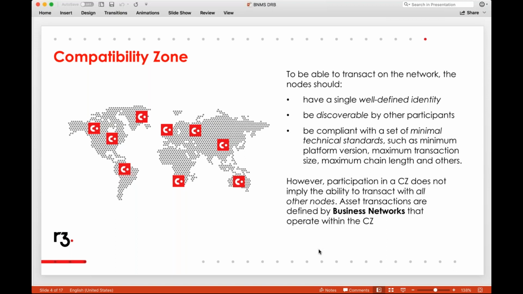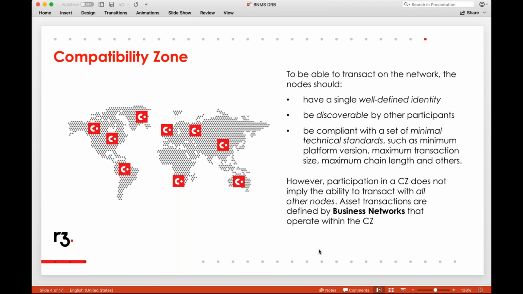The nodes need to be discoverable by other participants, otherwise nodes just wouldn't be able to find each other on the network. And the nodes should become compliant with a set of minimal technical standards, such as, as I mentioned, the minimum platform version, or, for example, you could specify a maximum message size or maximum chain length size, to be able to successfully transact on the network.